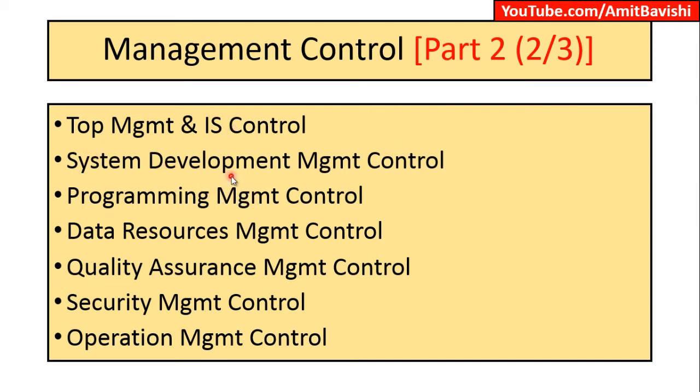Now since they want to develop, they went to programmers, who did some programming for the system. Then data resources: after programming, they need some resources like money, and the data will be migrated from the old system to the new system. So data resources comes at this level.